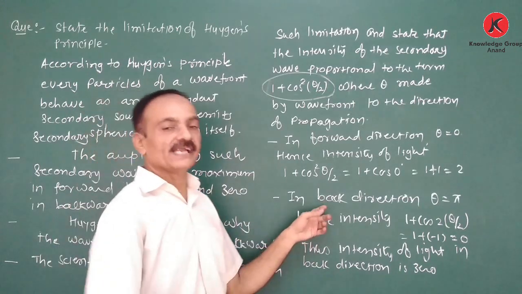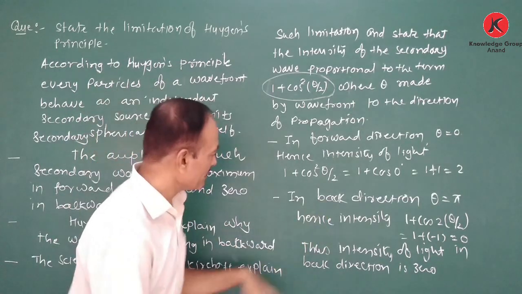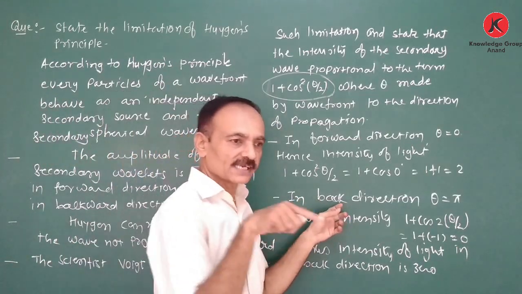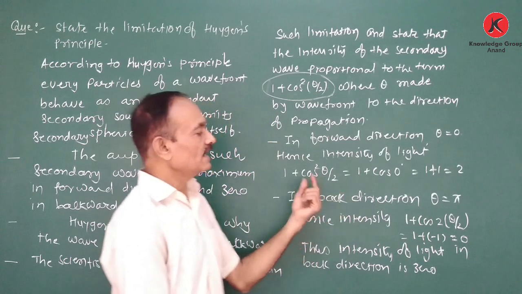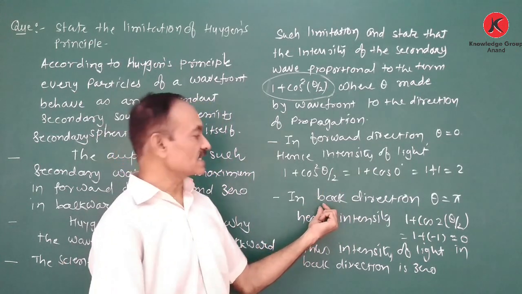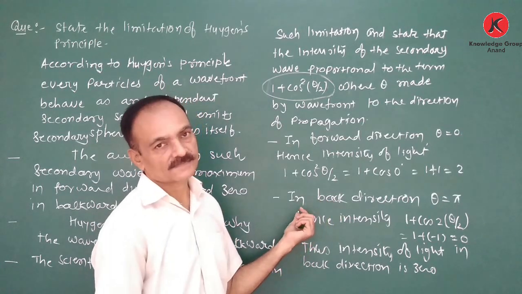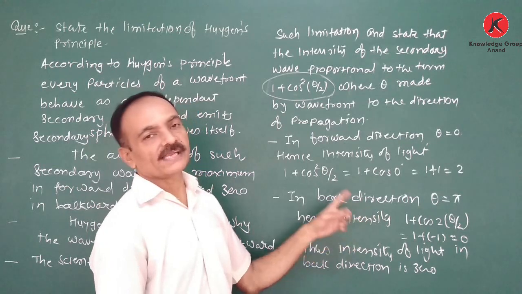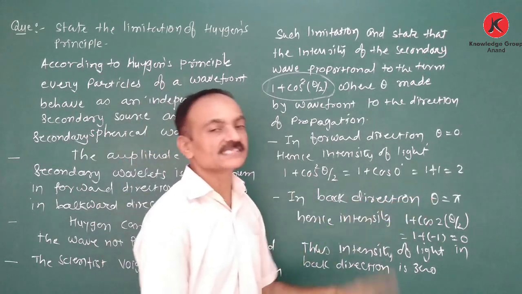Now what happens in the back direction? Suppose the direction of propagation is the x direction, while the wavefront obtained in the back direction is in the negative x direction. Therefore the angle between the forward direction and the back direction is theta equal to pi.